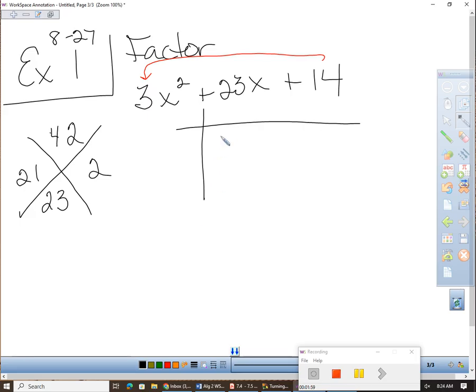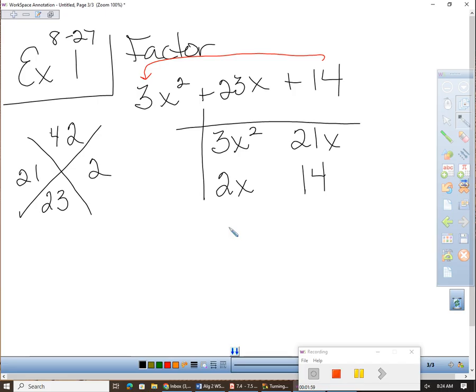In the first spot in the box, we take the first term, which is 3x squared. The last spot in the box is the last term, 14. In my diagonal, I take the sides of my x and the variable. So this is going to be 21x, and this one will be 2x. It doesn't matter which one goes where.